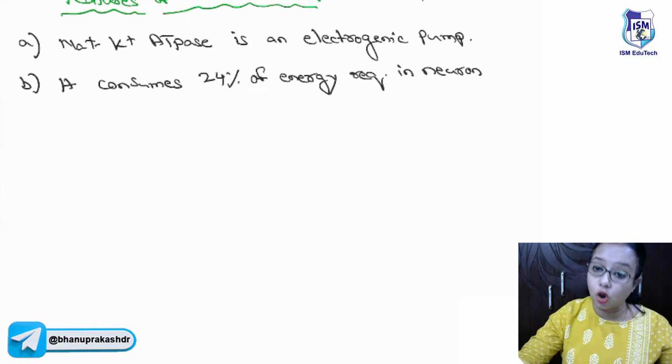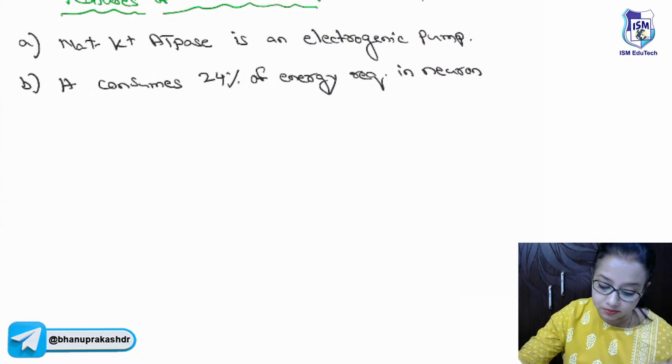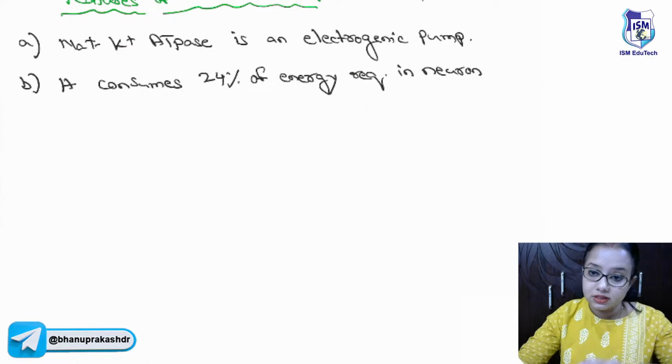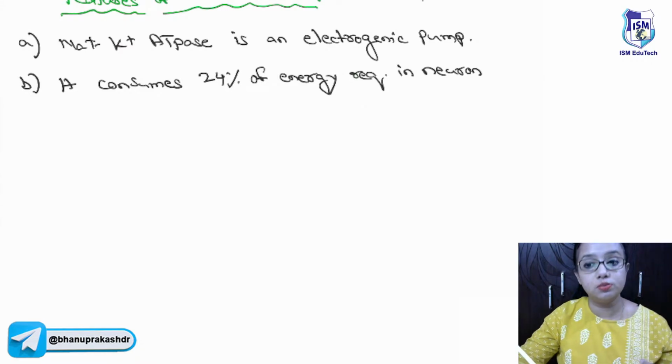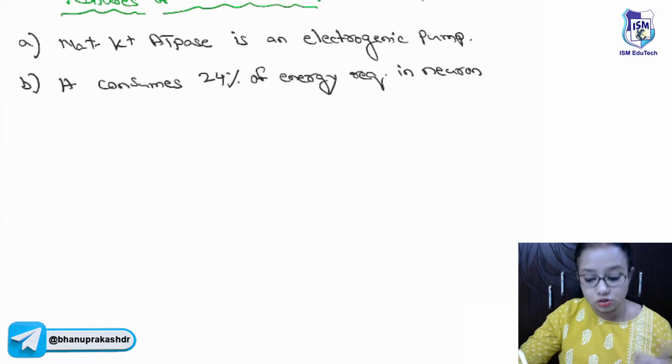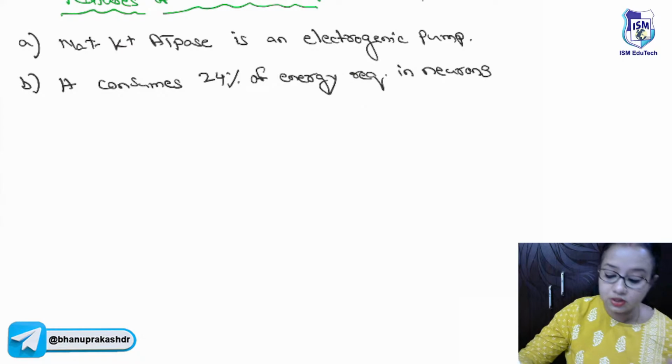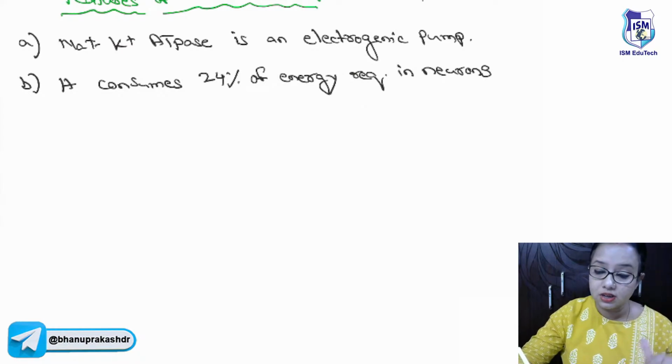Out of all the energy that is used by the neuron, this sodium potassium ATPase takes about 24% of that energy. I repeat, out of the total energy consumed or utilized by the neurons, the sodium potassium pump in the neuron consumes 24% of it.